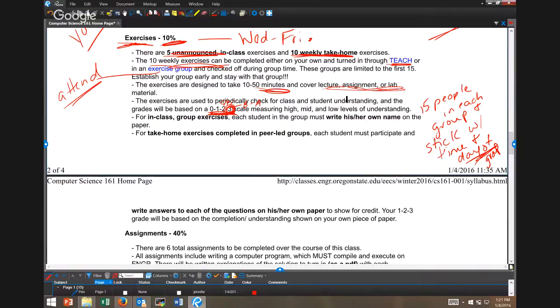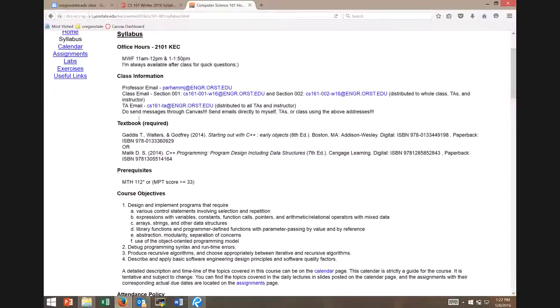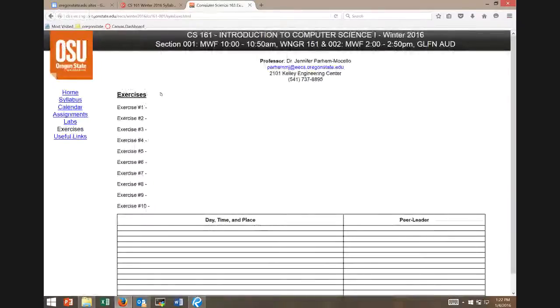So make sure you stick with that, not for the in-class, but for these take-home exercises to be done in these peer-led groups, okay? And I will show you, you can sign up for these peer-led groups. You will go to the exercise session right here, and in here you will see exercises, as well as there will be pages for you to sign up with a peer leader.